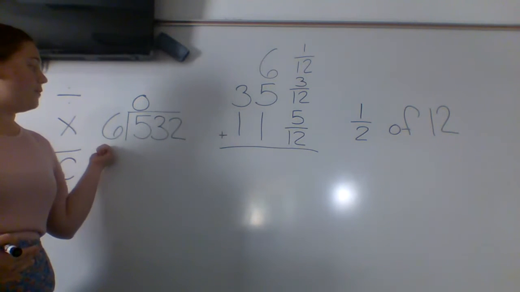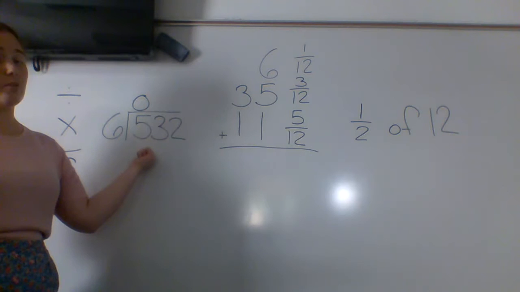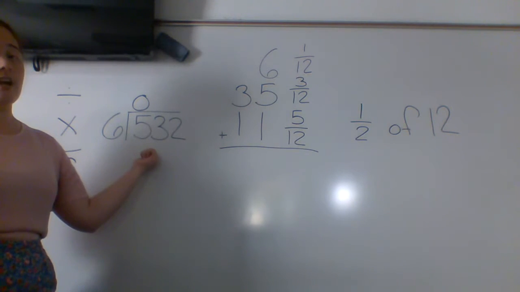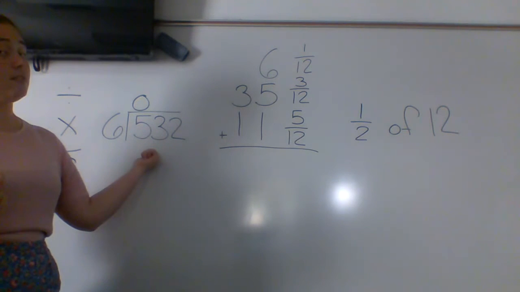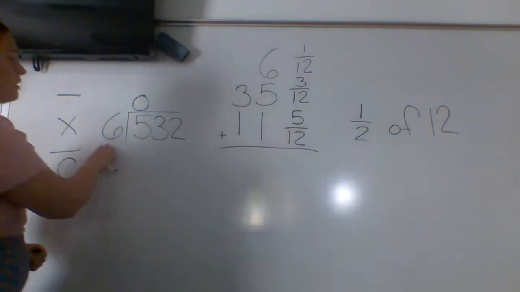So if we did 6 into 53 9 times, that would be 54. 54 is bigger than 53, so that's not going to work. So we can't use 9. We're going to have to use 8, right?